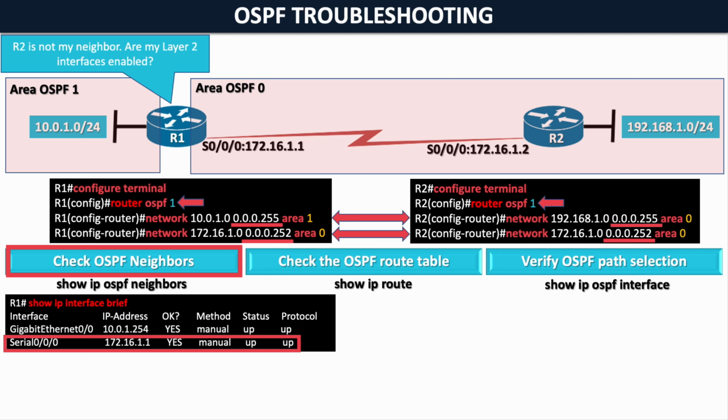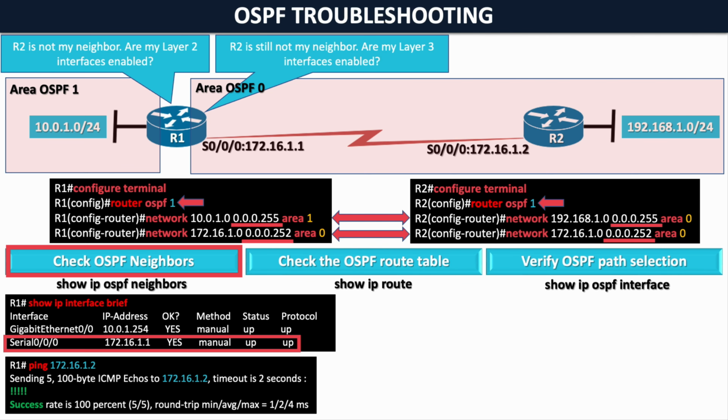We will now check the layer 3 connectivity between routers 1 and 2 by pinging. In the example, we can see that the IP connectivity between the 2 devices is good. If the ping hadn't worked, then we would have had to look at the physical wiring of the interfaces and also check that there is, of course, the same IP subnetwork with the right mask.